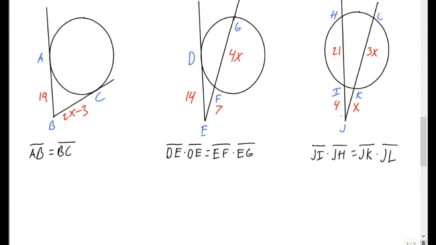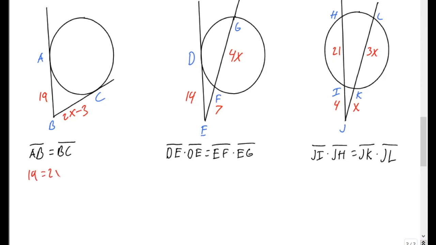It's the first part of the secant multiplied by the whole secant up until the edge of the circle, which is equal to the first part of the secant on the other side multiplied by that entire secant up until the edge of the circle. Okay?